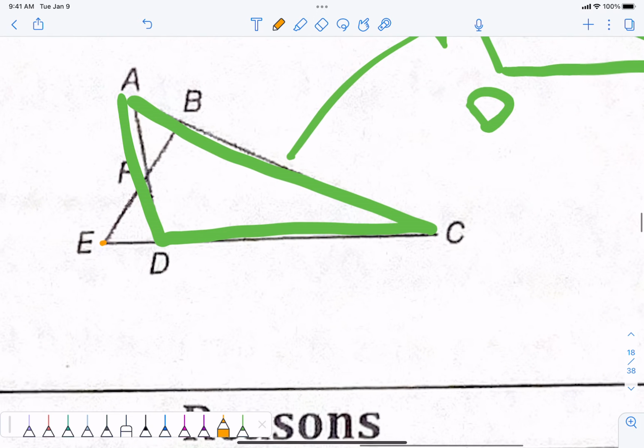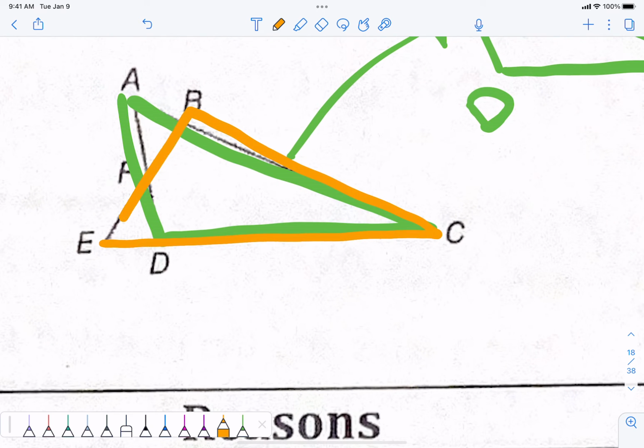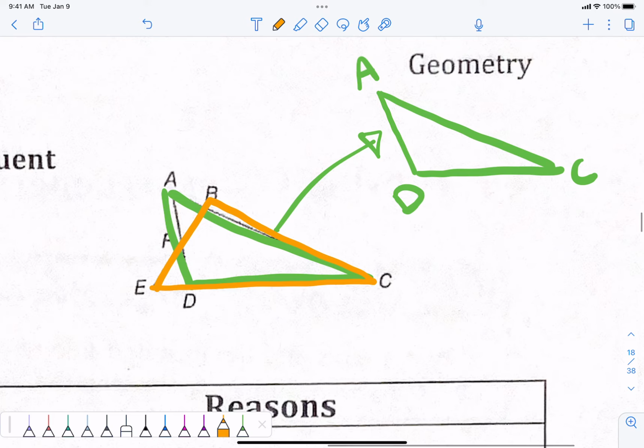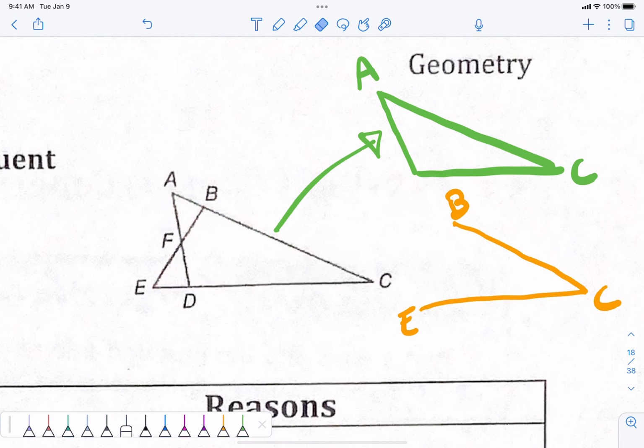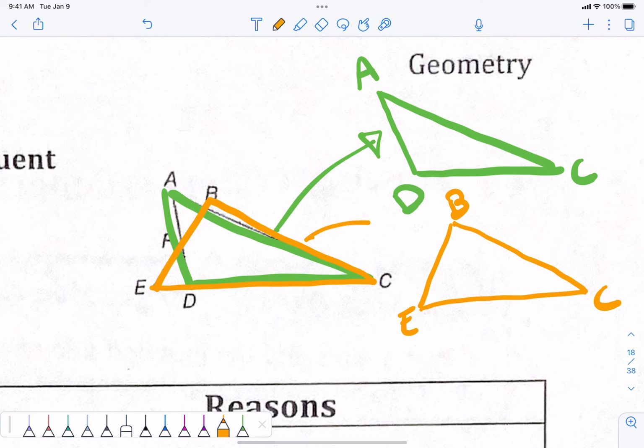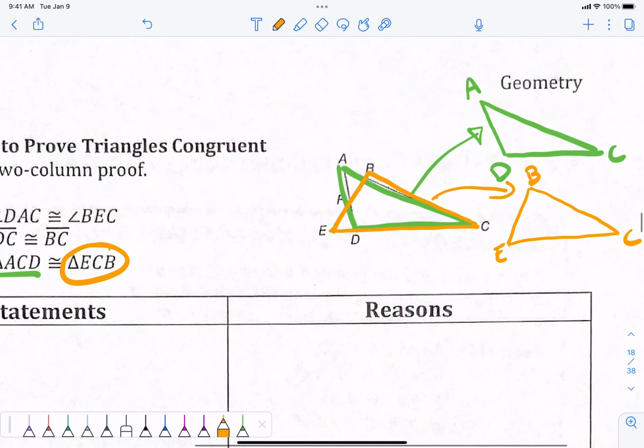I'm going to redraw it over here as well. ECB, there it is. So I'm separating it out, that way we can mark it and it doesn't get so confusing. We separated it out into 2 pieces.